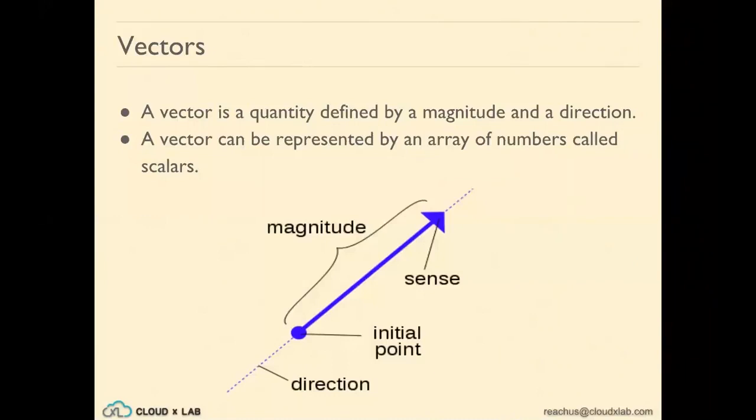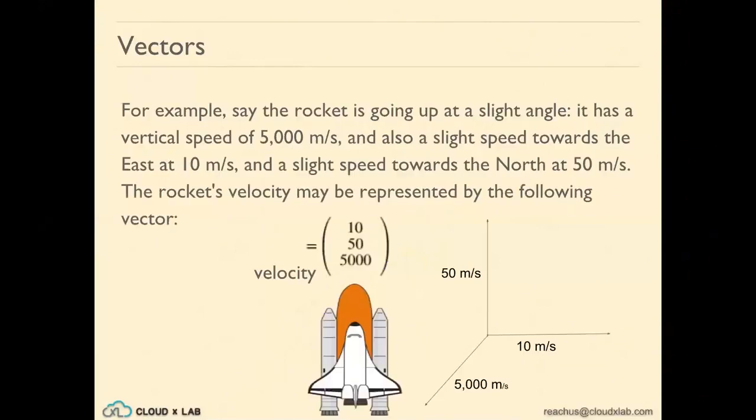Let's take a case of a rocket going up at a slight angle. It might be having a vertical speed of 5,000 meters per second and also a slight speed towards the east of maybe 10 meters per second and a slight speed towards the north at 50 meters per second, right? The rocket's velocity may be represented by the three values 10, 50, 5,000, right?